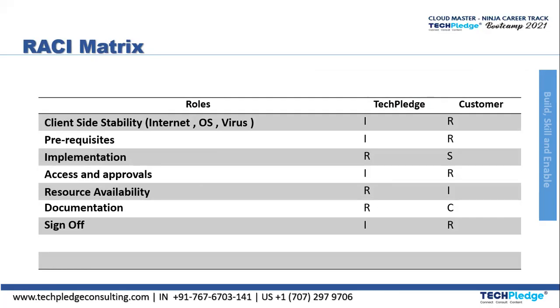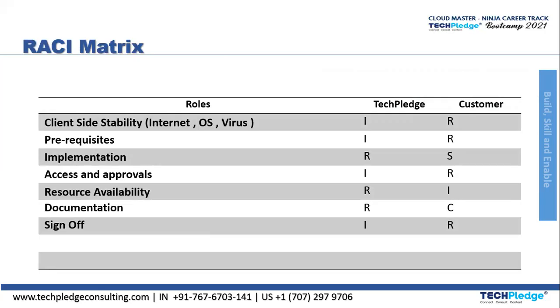Second last is resource availability, where it is the responsibility of Techpledge to make the resources available, and the customer is informed. Documentation is consulted by the customer, and then responsibility is of documentation. And then the last is sign off. Yes, it is informed by Techpledge and the responsibility is of the customer.